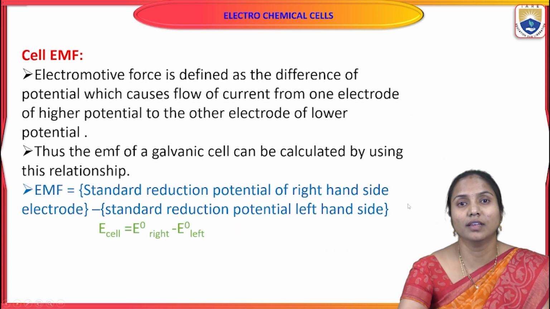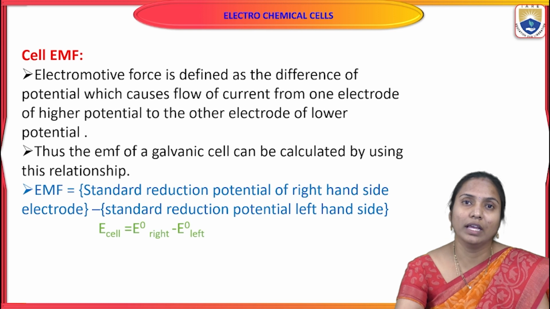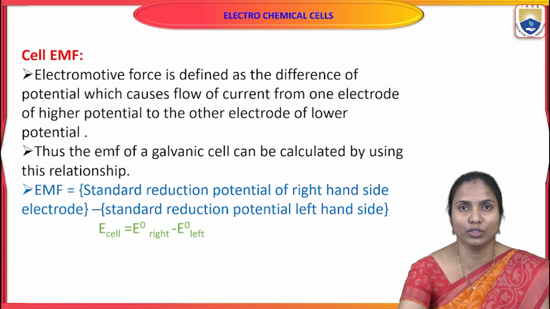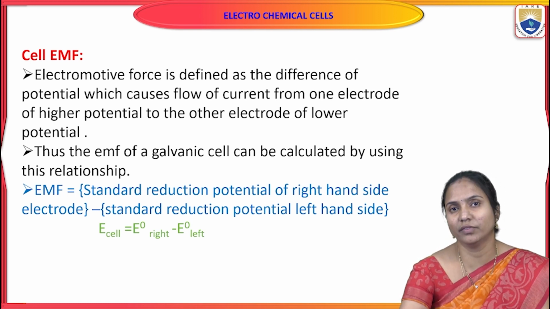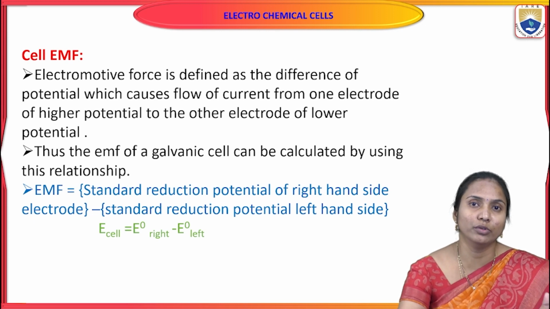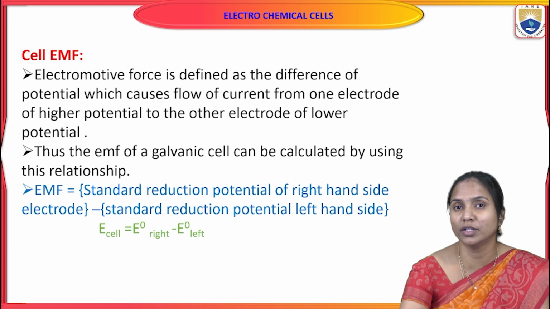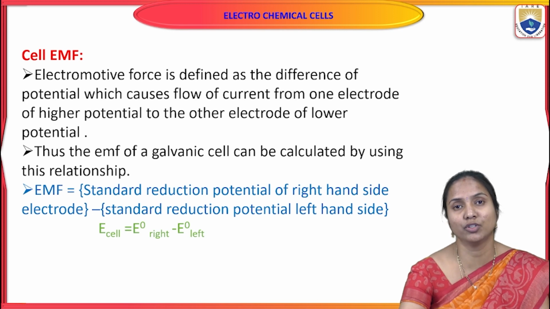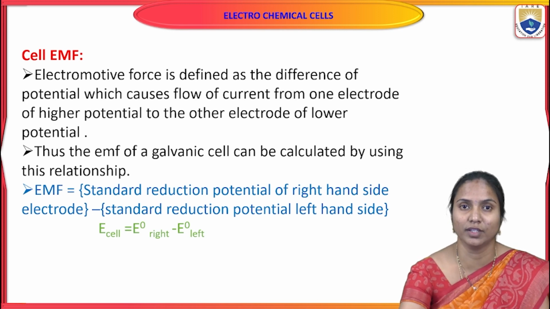Now let's discuss cell EMF. EMF is the abbreviation of electromotive force. What is the meaning of EMF? The potential difference between two electrodes, or the potential difference between the oxidation potential of one electrode and the reduction potential of the other electrode, is called cell EMF.